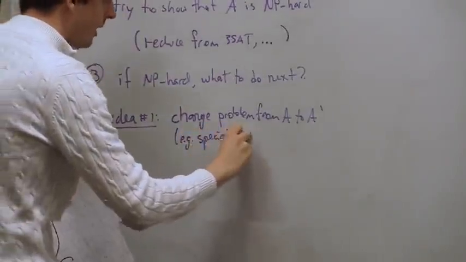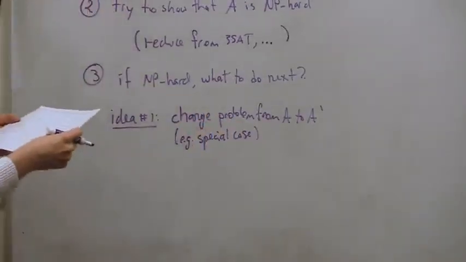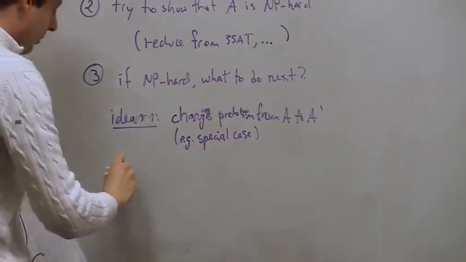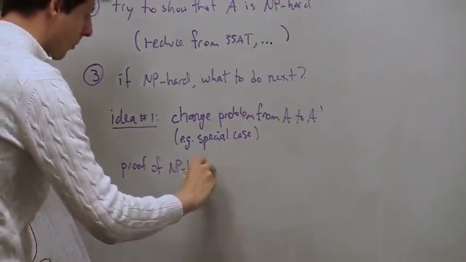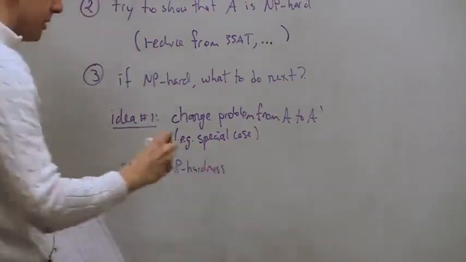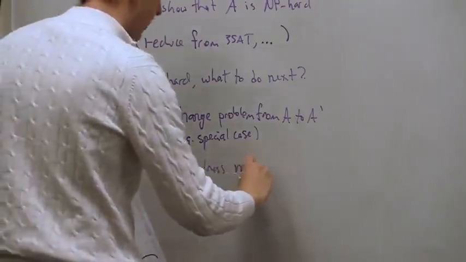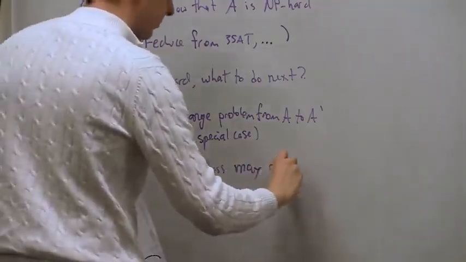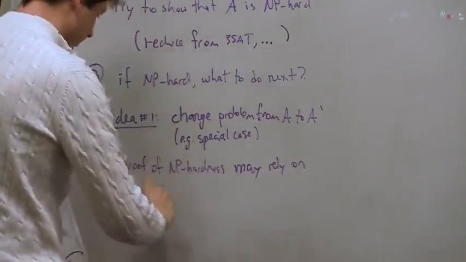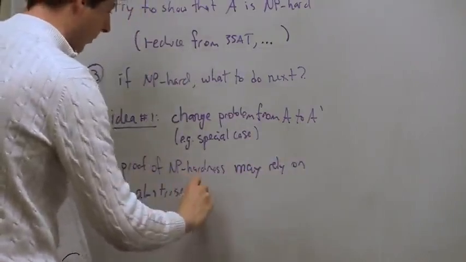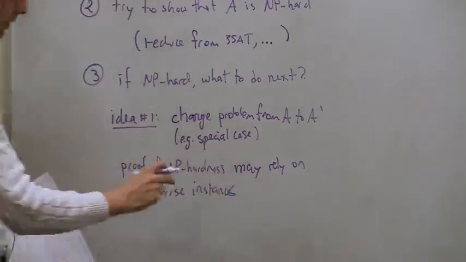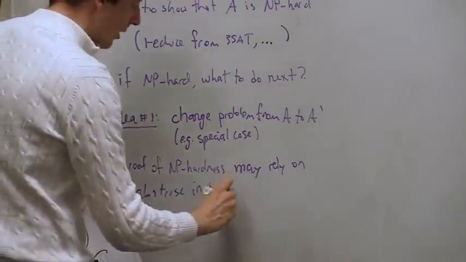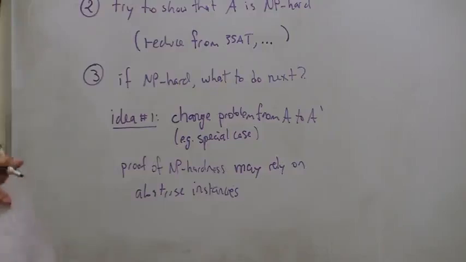And the intuition here is that the proof of NP hardness may rely on abstruse instances that are just not ones you're interested in. And indeed, that's really the case if you think about the gadgets that we constructed last time to show that independent set and Hamiltonian cycle are NP-complete.